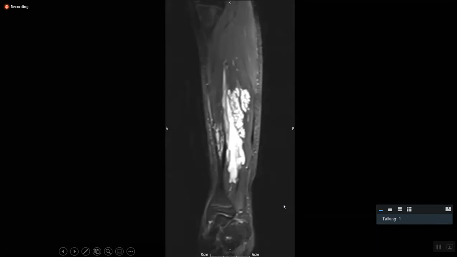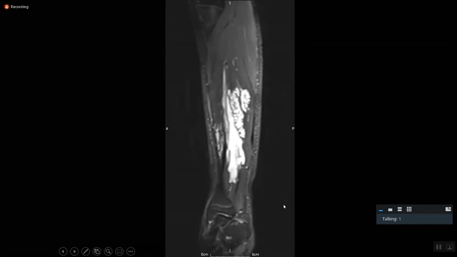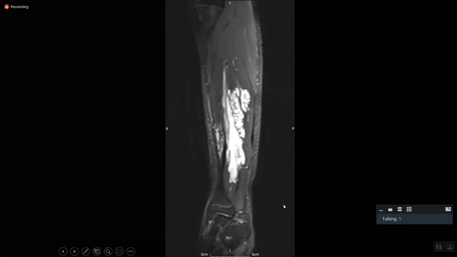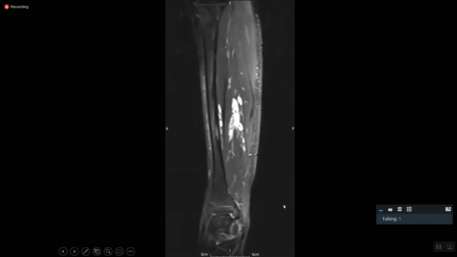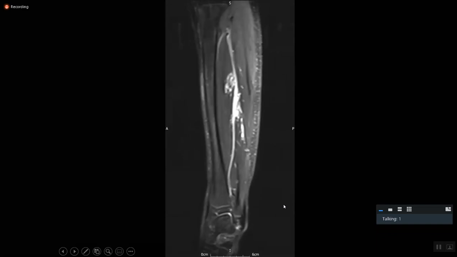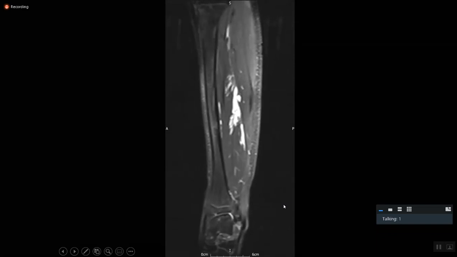So in the posterior compartment, in the calf aspect, there is an increased serpiginous structure which appears quite tortuous. It appears to also be in continuation with the vessels.